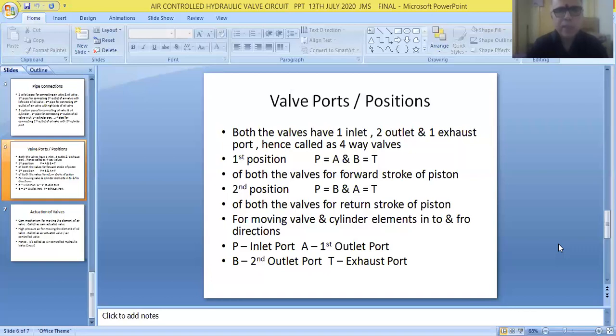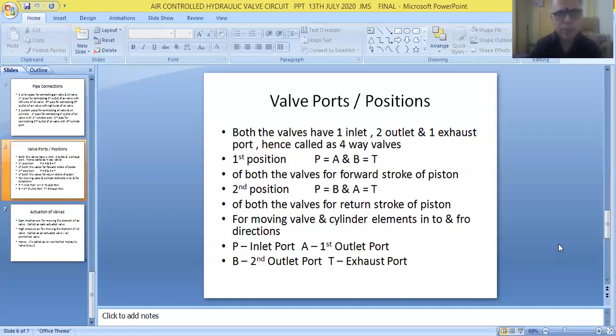And finally, these port notations are given for indicating these ports. Capital P for indicating the inlet port of the valve, both the DC valve as well as this air valve. So same notations are used for indicating the ports of air valve and hydraulic valve.